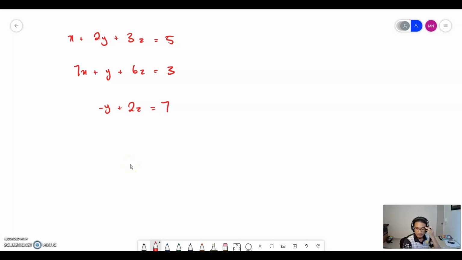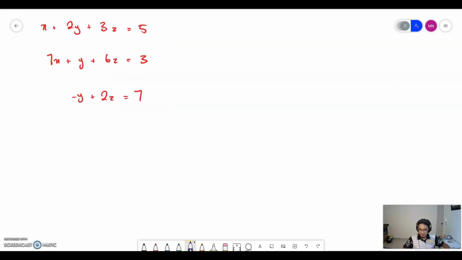Now for the self-practice, refer back to the first example that I showed you in this video. Take the three linear equations and solve them by using the Gauss-Jordan elimination method, and you can compare your answer with what we have done by using inverse matrix.